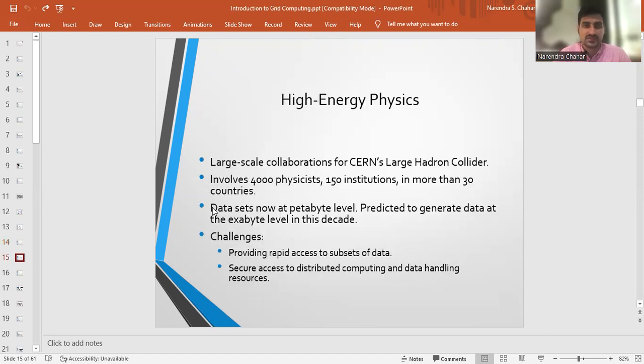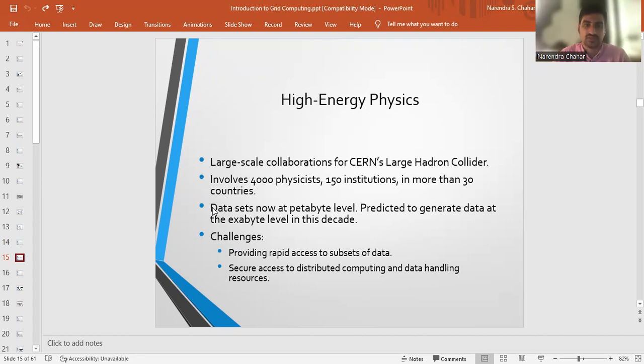So the first one is high energy physics. When we talk about this, there are large-scale calculations for CERN's Large Hadron Collider. In high energy physics, there are a number of institutions and a number of countries.